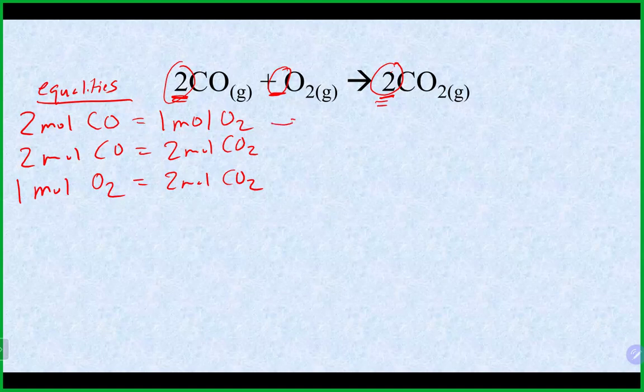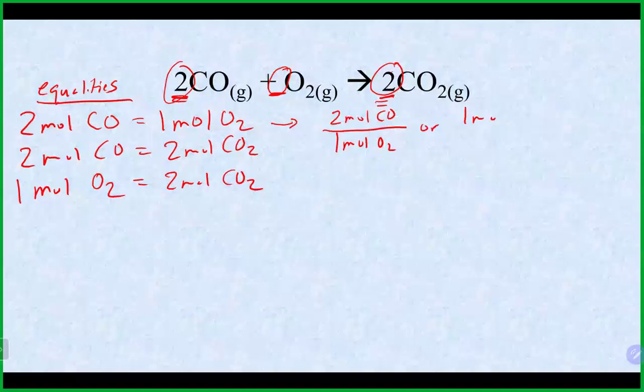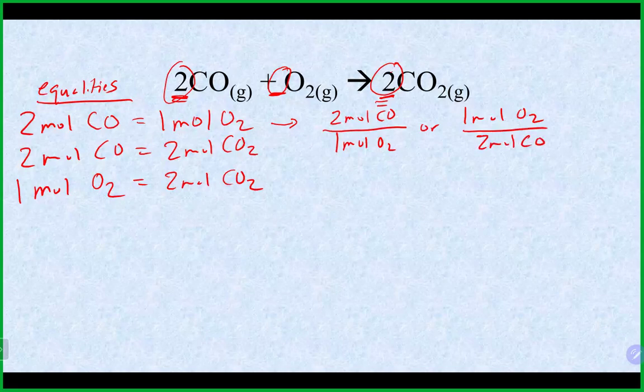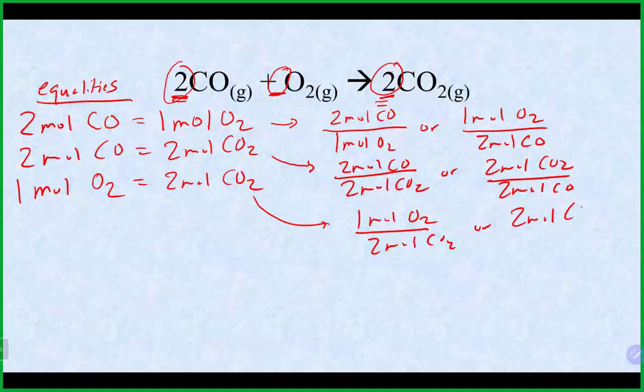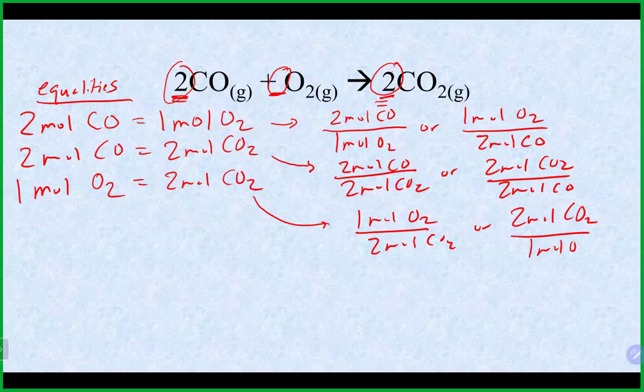So for the first one, I could write there are 2 moles of CO over 1 mole of O2, or 1 mole of O2 over 2 moles of CO. For the second one, I could write 2 conversion factors, 2 moles of CO over 2 moles of CO2, or 2 moles of CO2 over 2 moles of CO. And lastly, I could write 1 mole of O2 over 2 moles of CO2, or 2 moles of CO2 over 1 mole of O2.